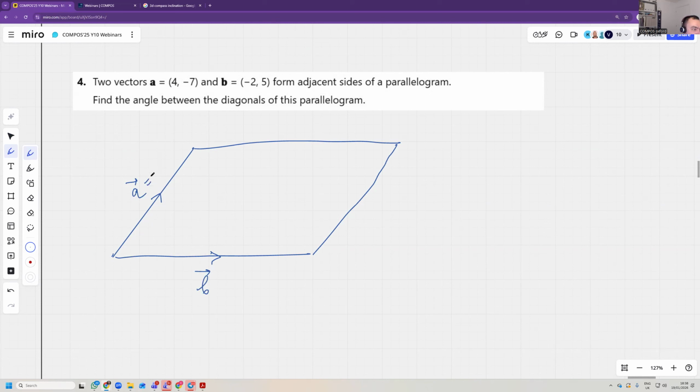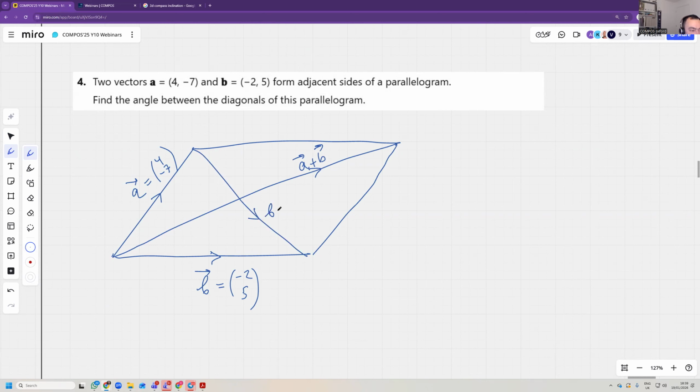A is (4, -7) and B is (-2, 5). To find the angle between the diagonals, first we need to find the diagonals. Using the parallelogram rule, this vector is A plus B, and this vector is B minus A.